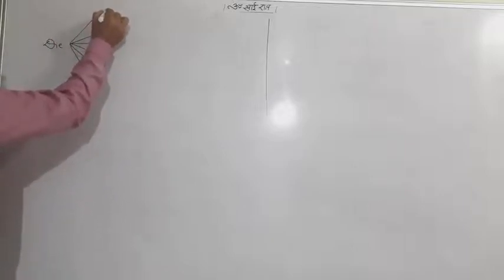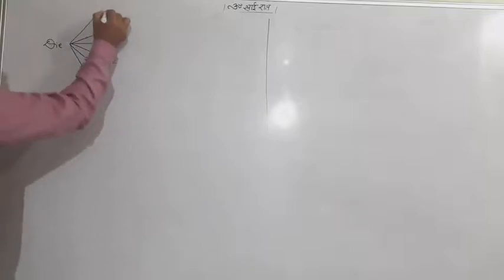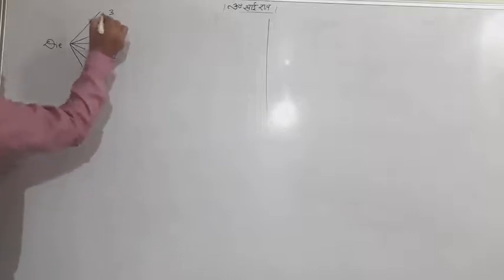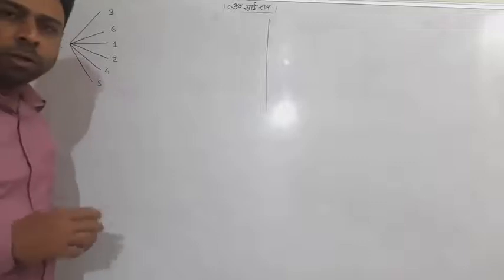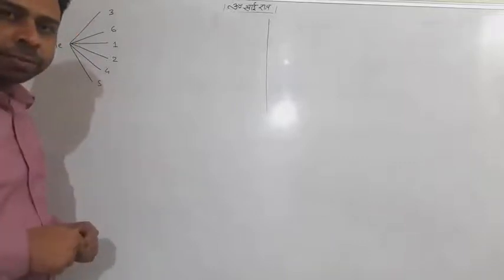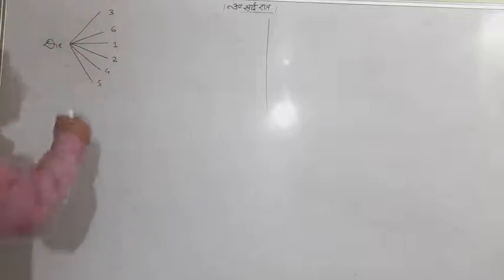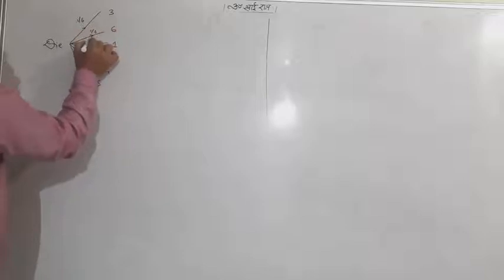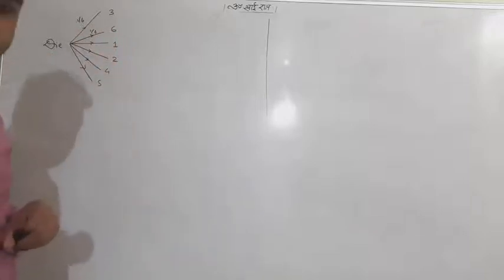It may come 1, 2, 3, 4, 5, 6. Intentionally I have written 3 and 6 on top. First of all, understand that the probability of getting each individual number is 1 by 6.